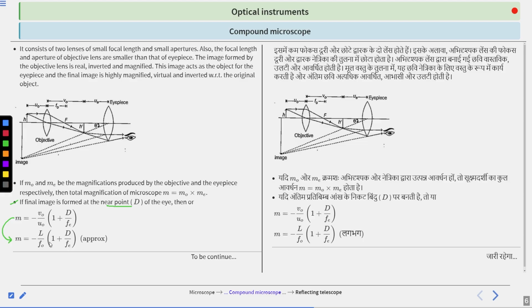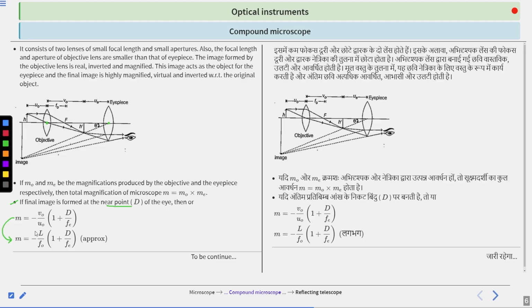Here, this is the objective and this is the eyepiece, and the distance between the objective lens and the eyepiece is represented by L. Clear?